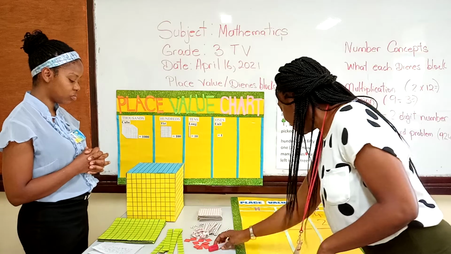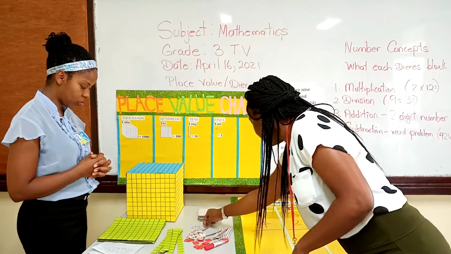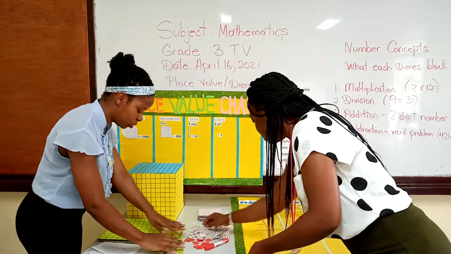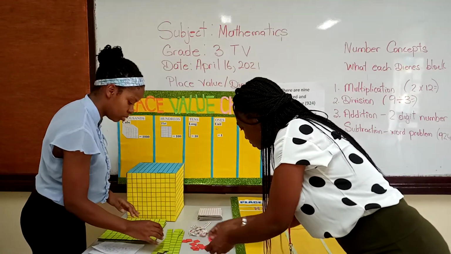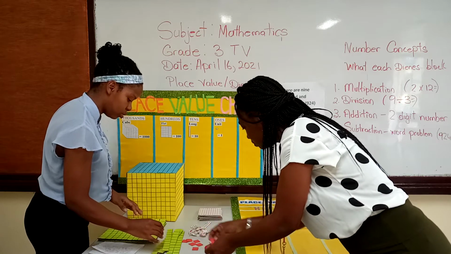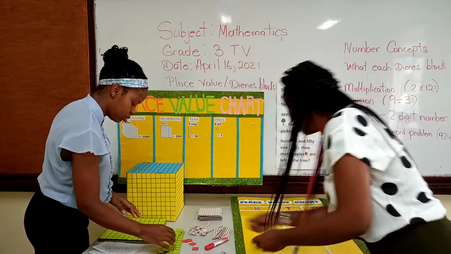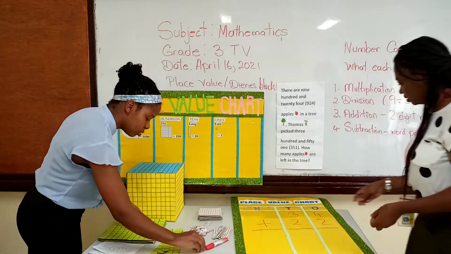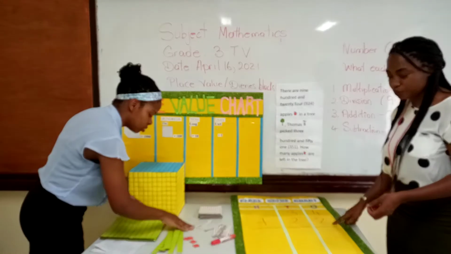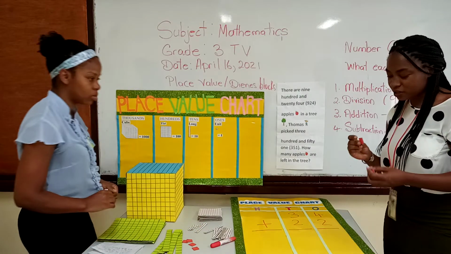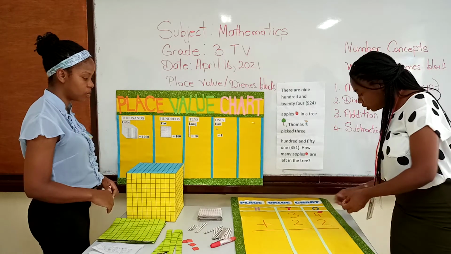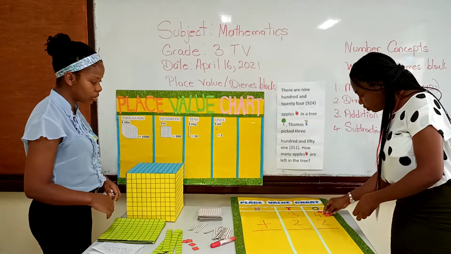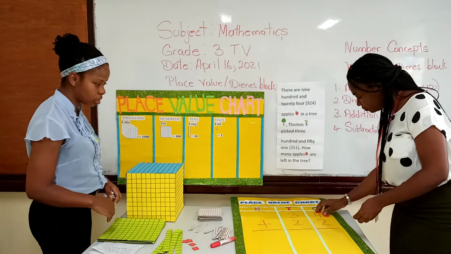Now we want to find out 4 plus 2. Alright, so we're going to use 4 units to represent the digit 4. 1, 2, 3, 4.